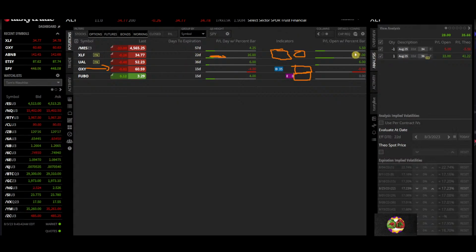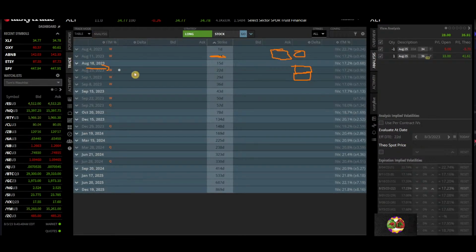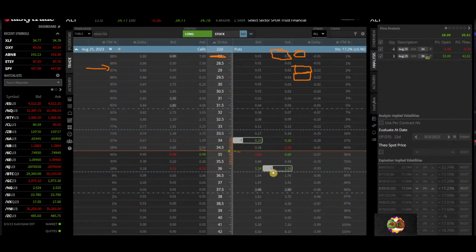Here, I'll show you the trade. So I bought an in the money put. I sold an out of the money put to basically help finance the trade, if you will. So I had paid a debit, but it wasn't as big as a debit if I would have just gone out there and bought the 36 put.